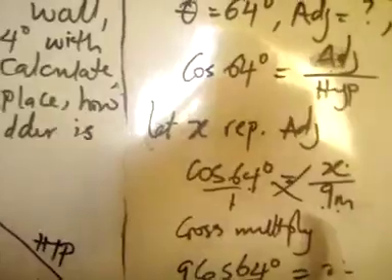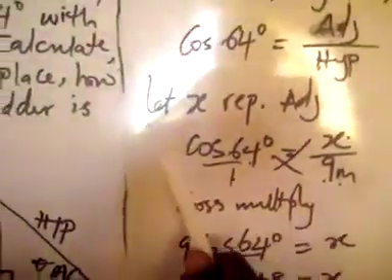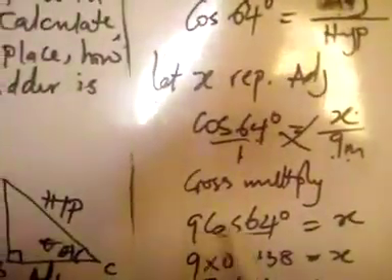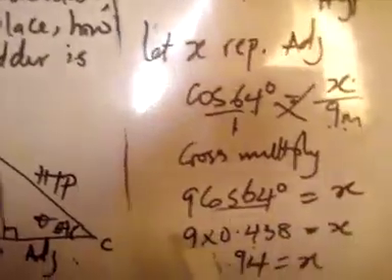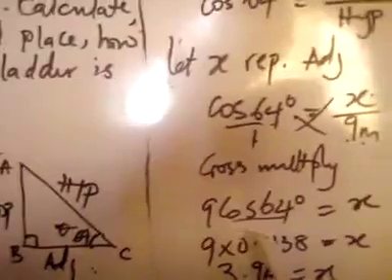If you cross multiply, then 9 will go to cos 64 degrees. So we have 9 cos 64 degrees equal to X. And don't forget, cos 64 will give us 0.438.